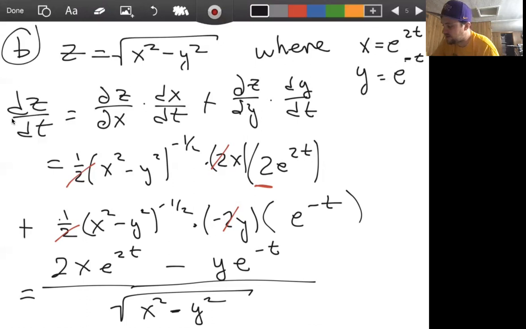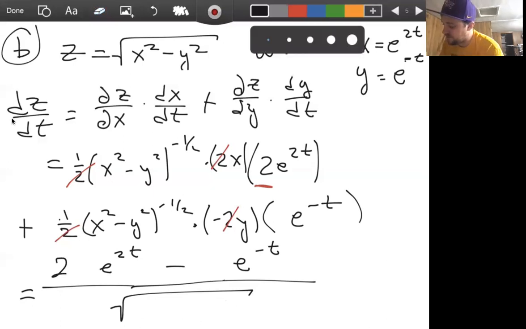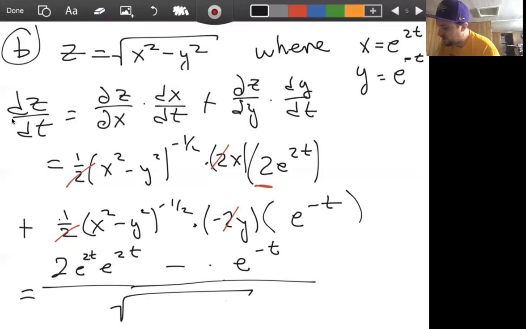So if we sub in x equals e to the 2t, let's do that just by deleting our x's and our y's. Now we're subbing in x equals e to the 2t, so this was times e to the 2t, y was e to the negative t here, and then we have e to the 2t squared is e to the 4t, and then minus e to the negative t squared is e to the negative 2t.